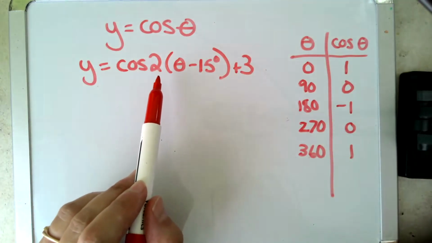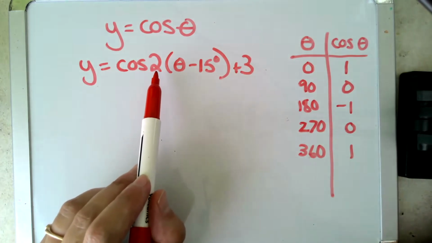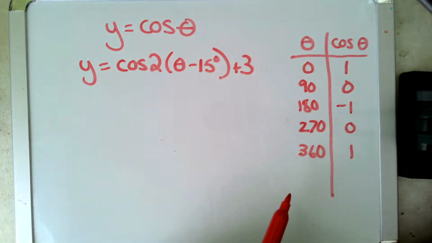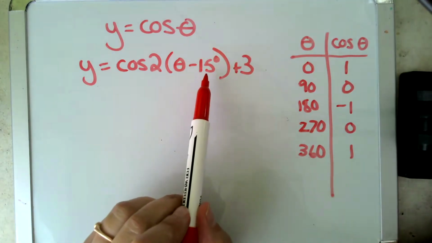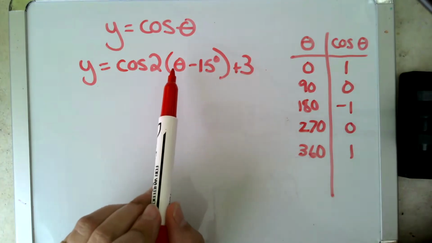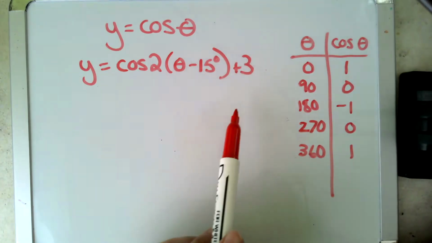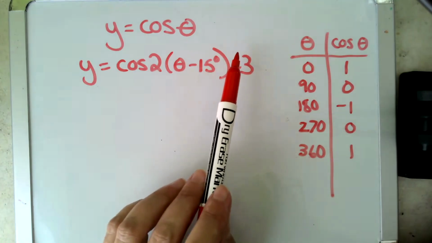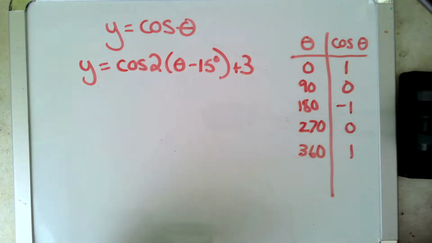To take a look at a period shift, that's this right here, the coefficient of the theta. And then to take a look at a horizontal shift, that is the added or subtracted within the parentheses, and then a vertical shift, and that is the added or subtracted outside of the parentheses.